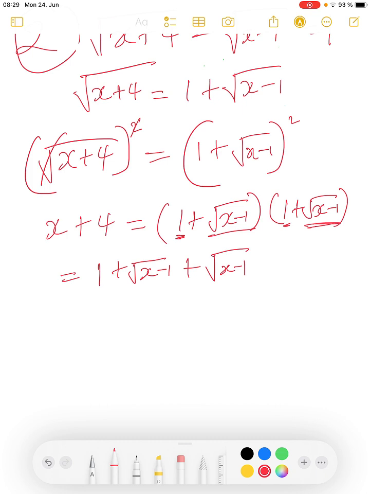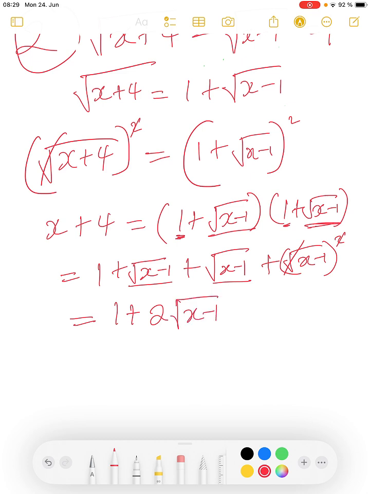So we need to have root x minus 1 squared. Of course, we can cancel this, so we have x minus 1 remaining. So we can say this is equal to 1 plus this and this are the same, so 2 root x minus 1, plus x minus 1.